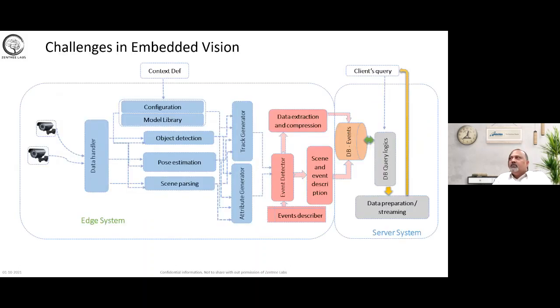So in general, what is the complexity of these edge systems? When it comes to vision specifically, you may have different contexts and different events defined. By context, I mean a retail store is one context, and a construction site might be another.